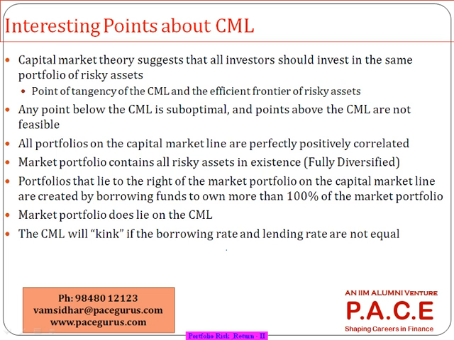Now, apart from whatever we have discussed, some of the things about the CML or CAL. CML is only one. Only one line will be there as a CML, and that is the line corresponding to the market portfolio.